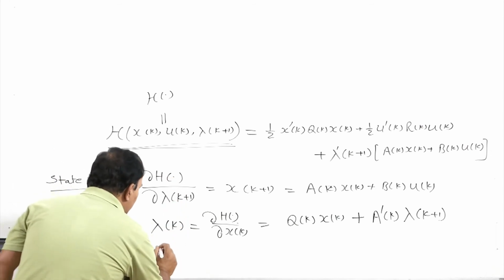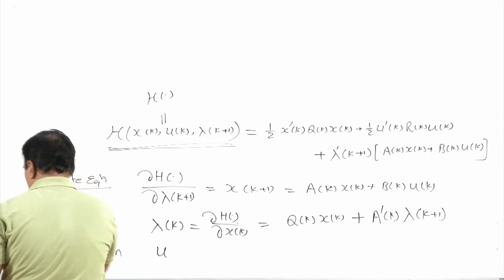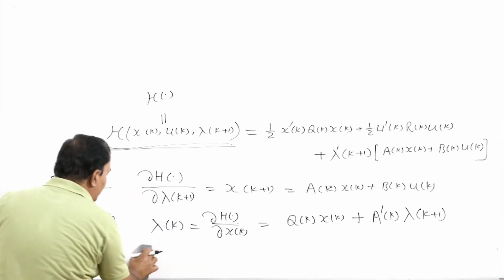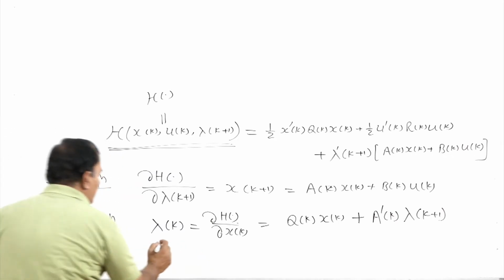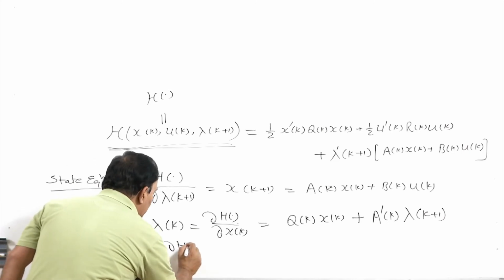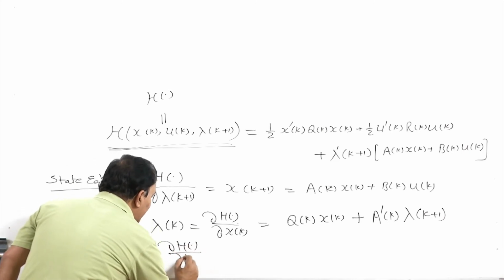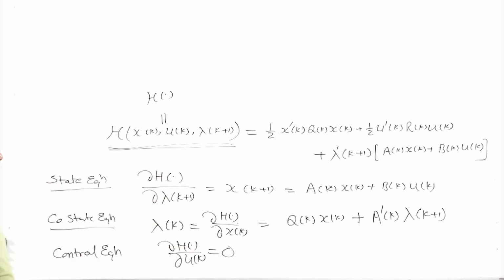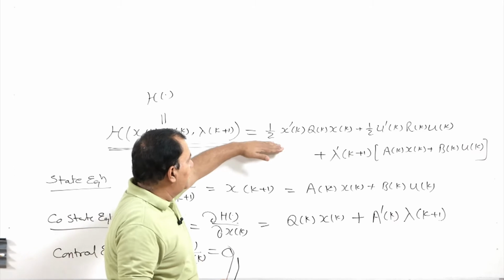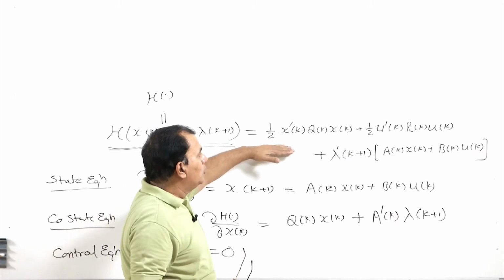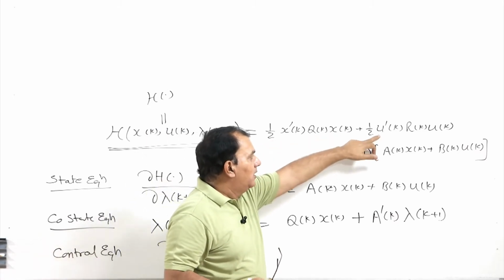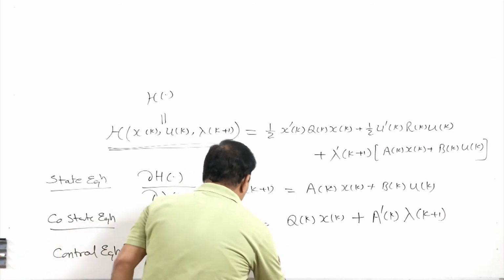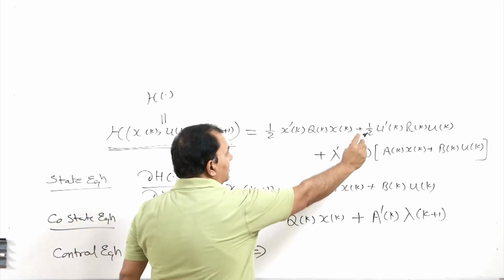So, this will be my co-state equation, and the third is my control equation, which is del H by del u of k equal to 0. This means I have to differentiate this with respect to u k.